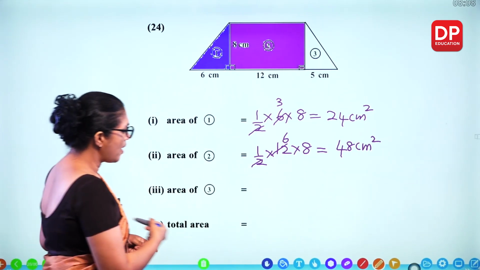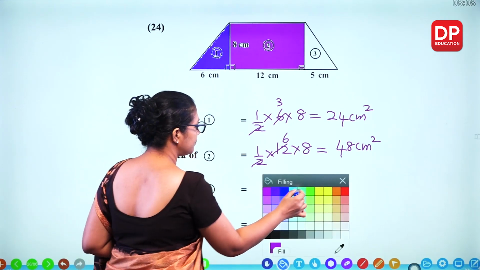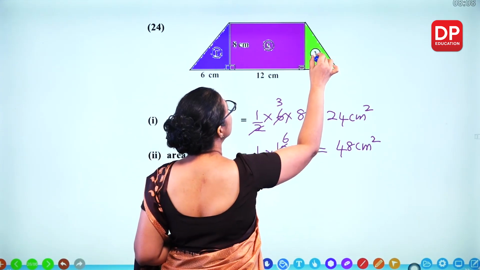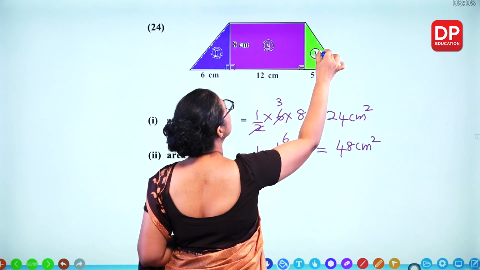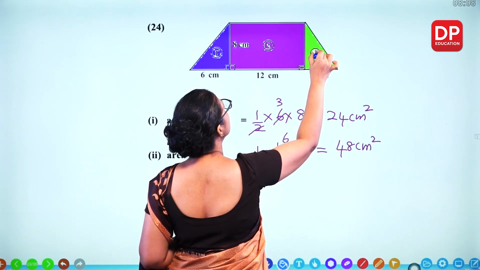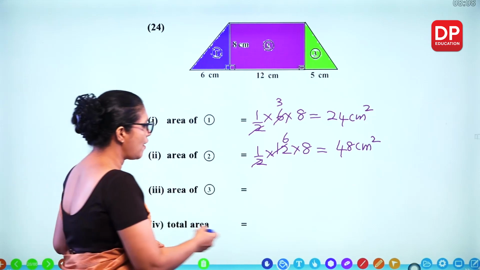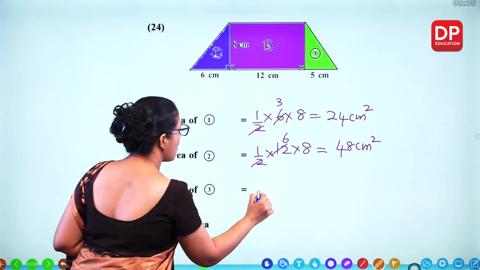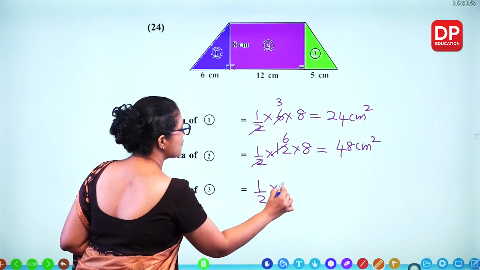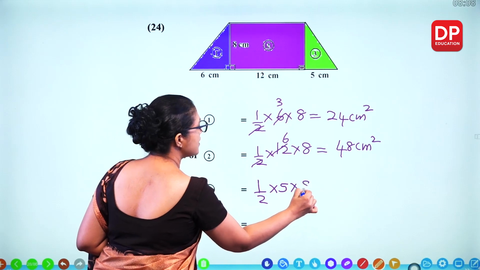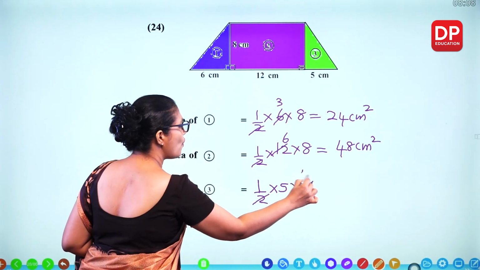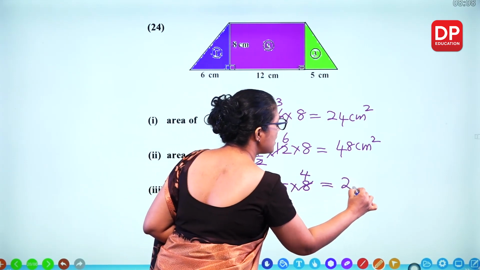Area of the third part. So area of this triangle you can find using again half times base is 5, perpendicular height is 8. 2 times 4, 4 times 5, 20.